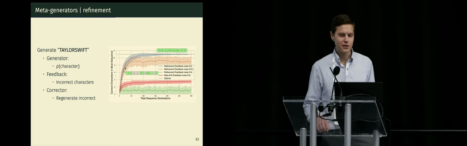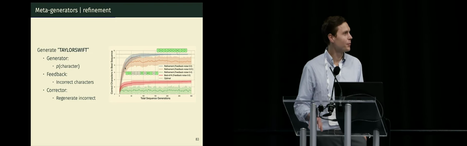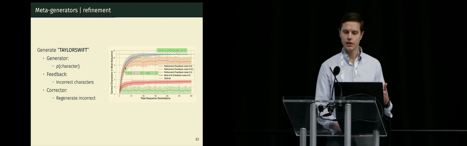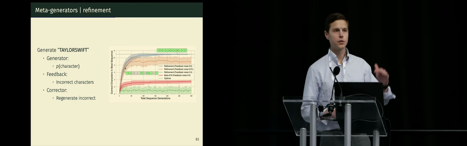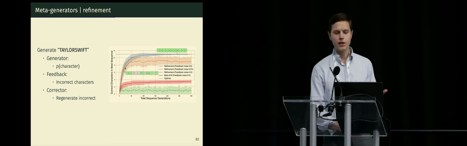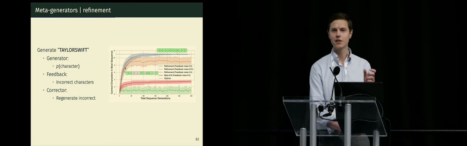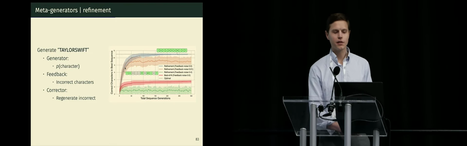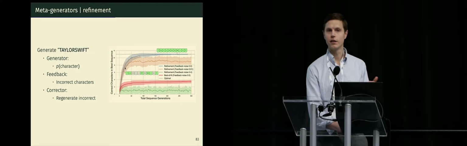So here's a fun toy example. We might not have time to fully go into the details here, but you can basically simulate this idea of having noisy feedback and control the performance of one of these refinement systems. Here we're using a really simple language model that just generates one character independently of all the other ones. And then let's say you have an oracle feedback which tells you exactly which characters are incorrect.